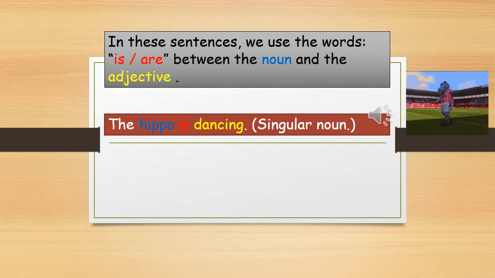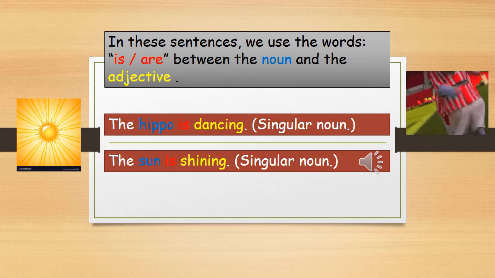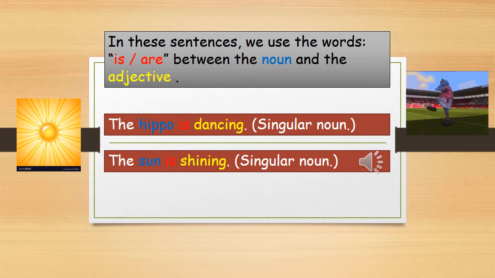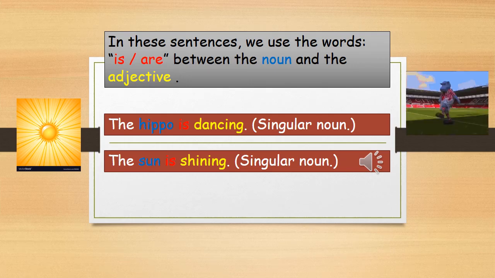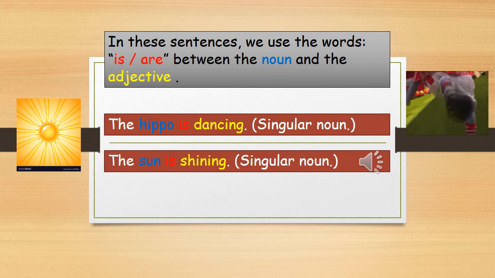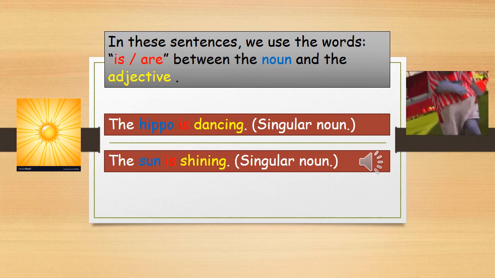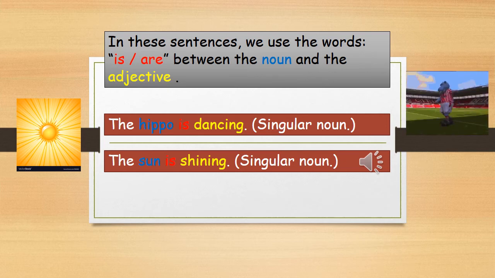Easy. Let's look at another one. The sun is shining. Again, singular noun is sun. We can only see one sun in the picture. The adjective shining tells us what it looks like. And of course, the word is tells us it's true. The sun is shining. Easy.